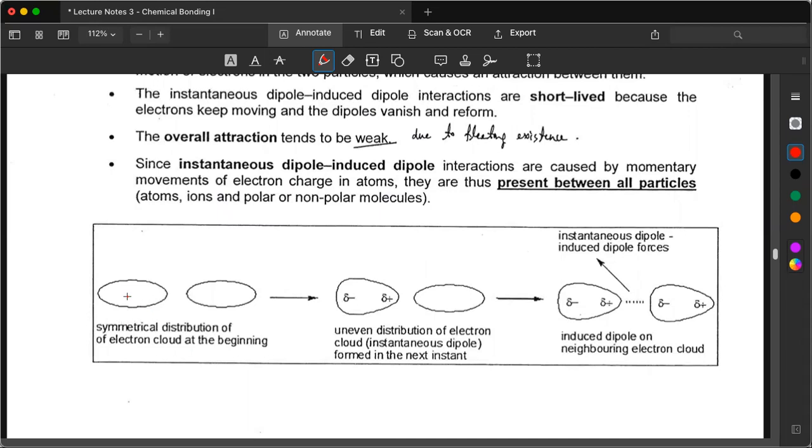You have symmetrical distribution of electron cloud at the beginning, but when the orbitals overlap, electrons start to move randomly. There is uneven distribution at any instant. This is one molecule, but there could be another molecule that has uneven distribution as well, creating an instantaneous dipole. The instantaneous dipole will induce this dipole. That's why we call it instantaneous dipole-induced dipole forces.